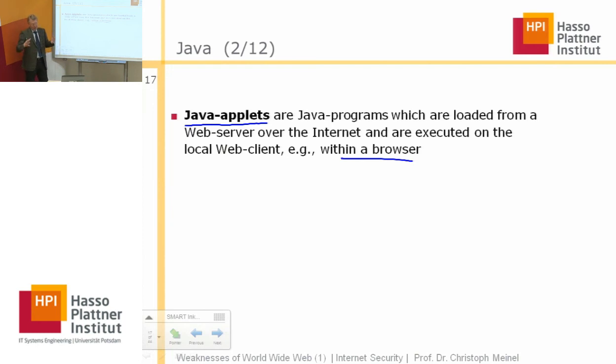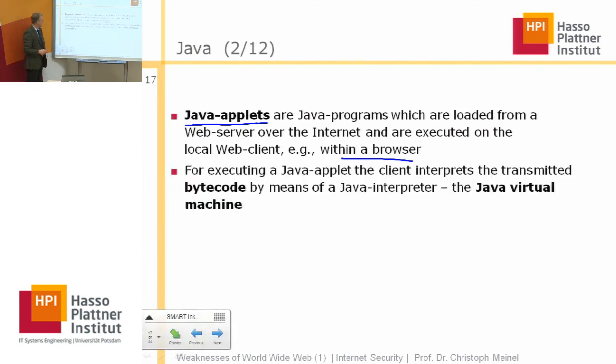Typically some dynamic content is produced by CGI over the common gateway interface on the server side, and by means of using Java the dynamic content can be produced on the client side, which is often much faster than doing this on the server side.